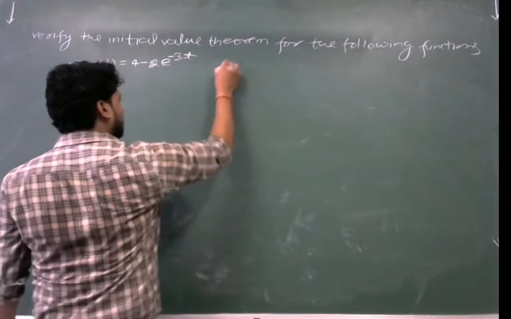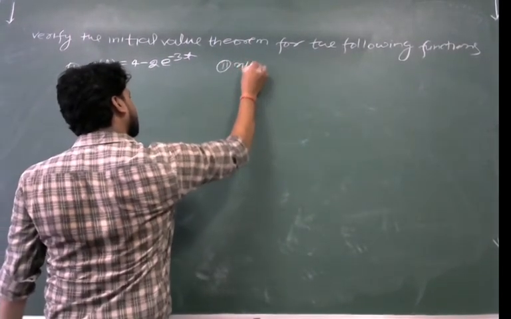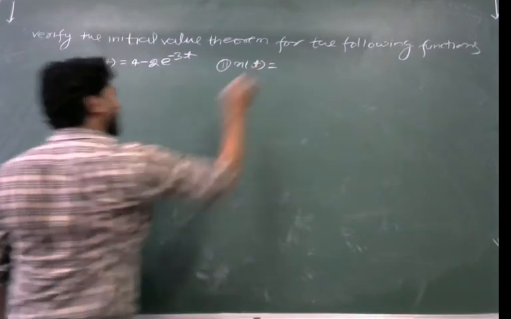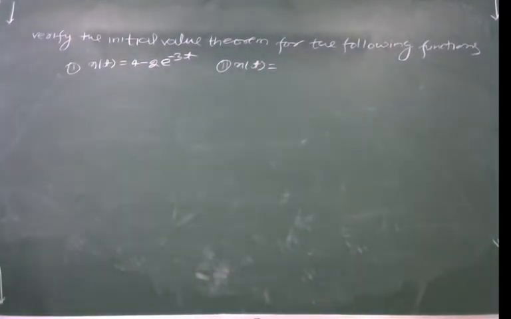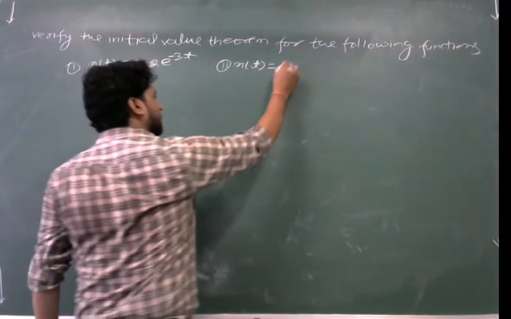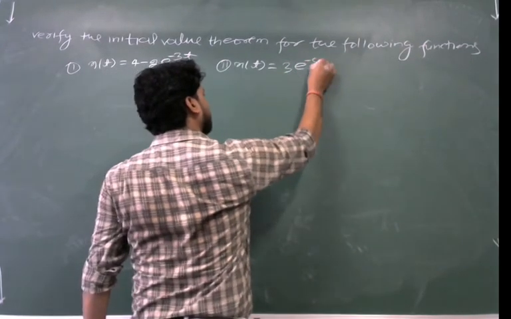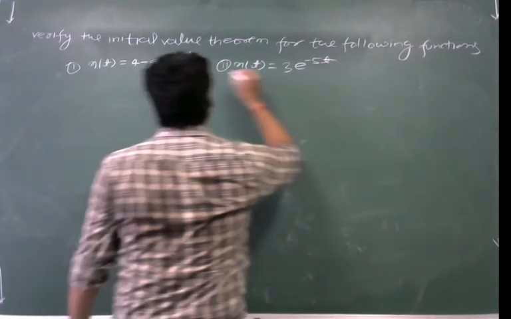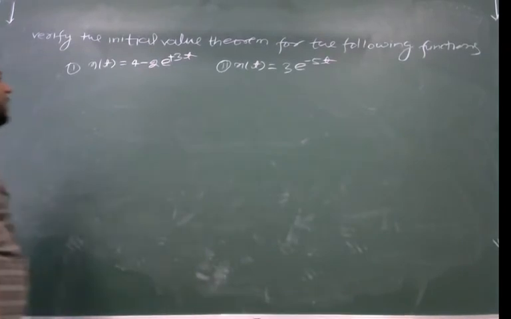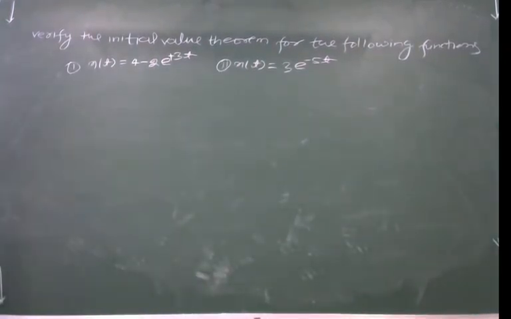The second one says that x of t is given as 3 into e power minus 5t, plus 4 minus 2 into e power 3t.